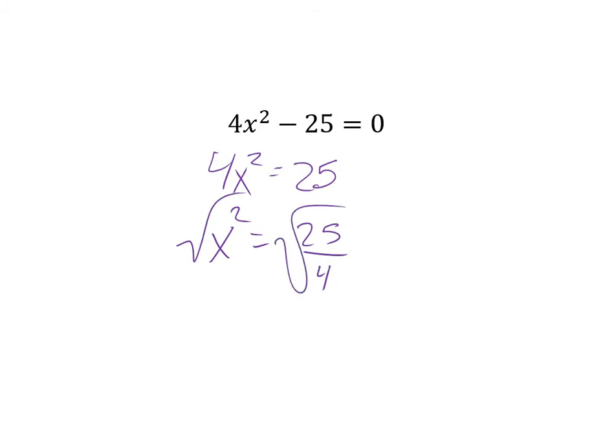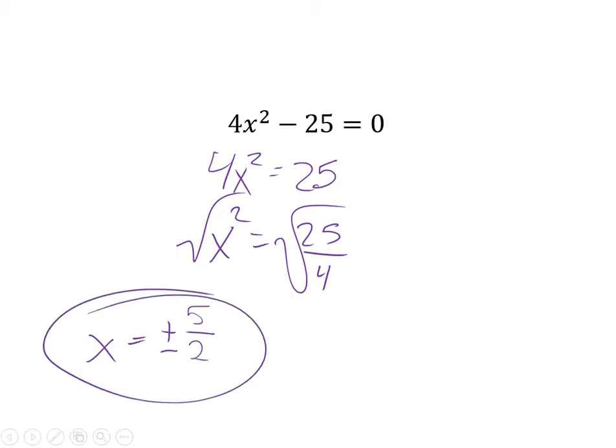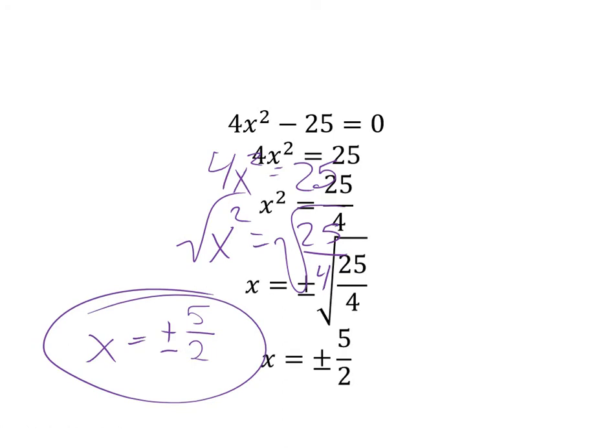To get rid of a square, we take the square root, which gives us plus or minus the square root of 25 over 4. Let's simplify that. The square root of 25 is 5, and the square root of 4 is 2, which means our answer is plus or minus 5 over 2.